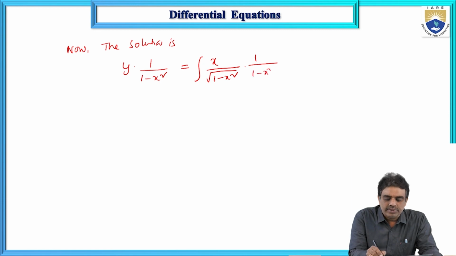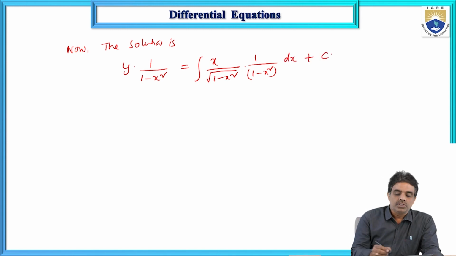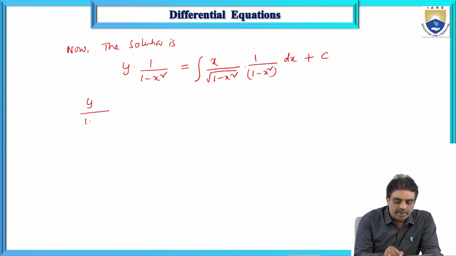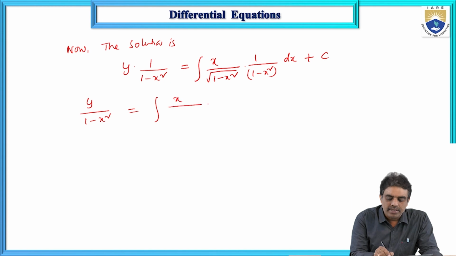Again it is x by root 1 minus x square times 1 by 1 minus x square of dx plus c. So this is y by 1 minus x square is equal to integral of x by 1 minus x square whole power 3 by 2 dx plus c.